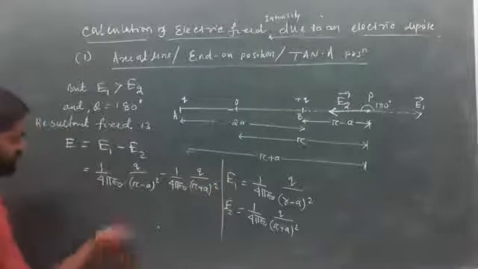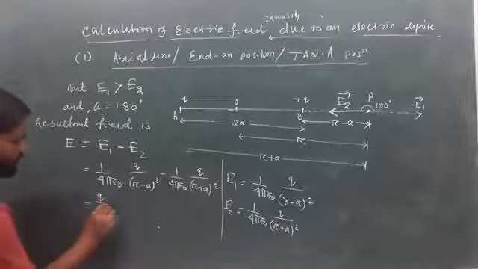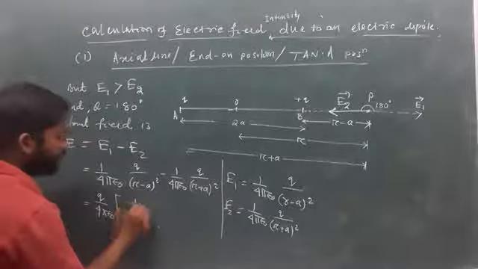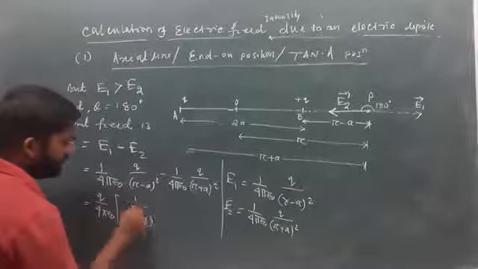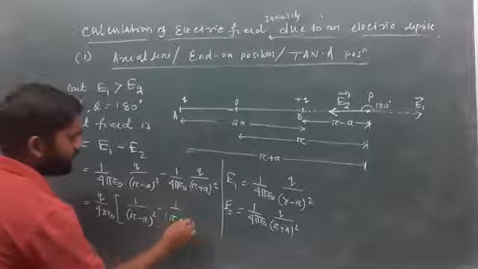Taking q by 4 pi epsilon 0 common, that will be 1 by r minus a square minus 1 by r plus a square.